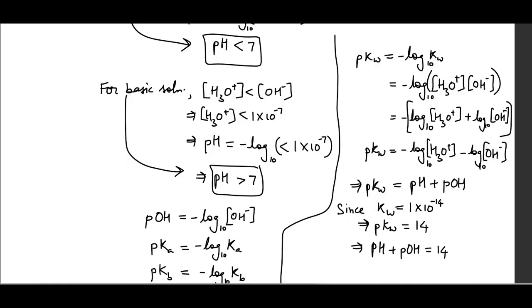So let's see one simple question to understand this better. Let's say we want to calculate pH of 0.01 molar, that is moles per liter, aqueous solution of HCl. Now HCl is a strong acid, therefore it would ionize completely.